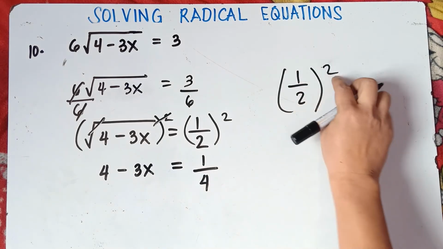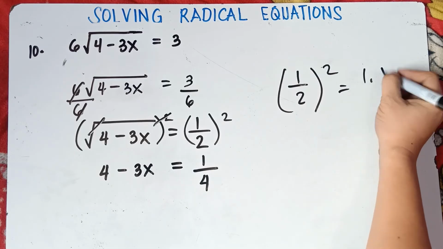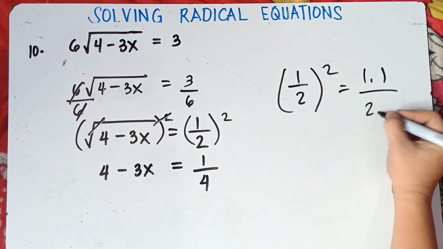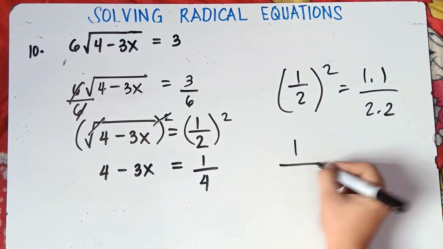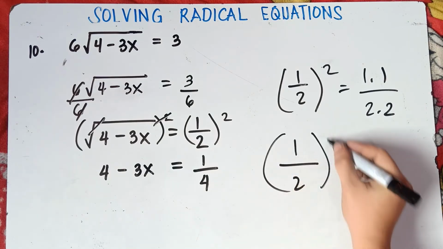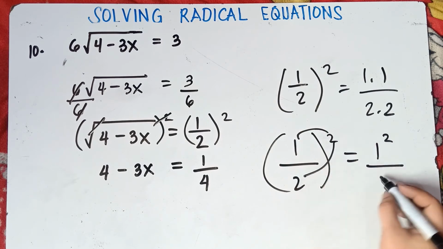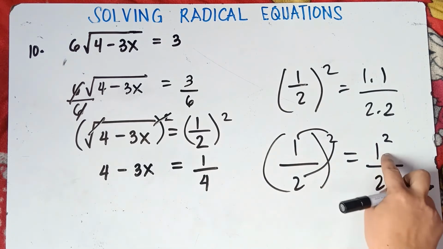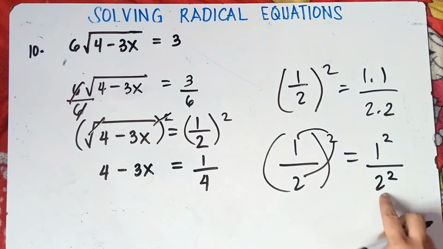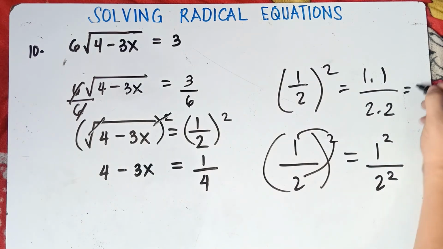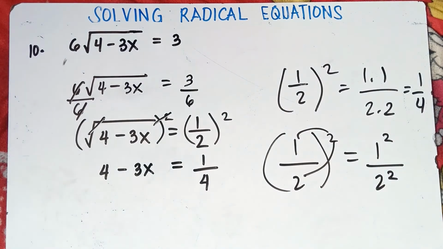It's not 1 times 2. It is 1 times 1. And then 2 times 2. So we distribute, class. You distribute 1 squared over 2 squared. 1 squared means 1 times 1. 2 squared means 2 times 2. And this will be 1 over 4.